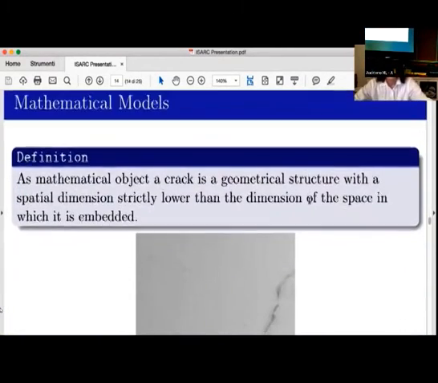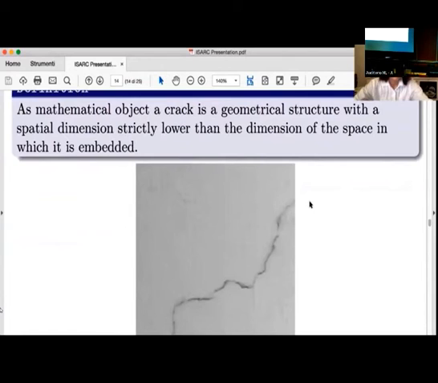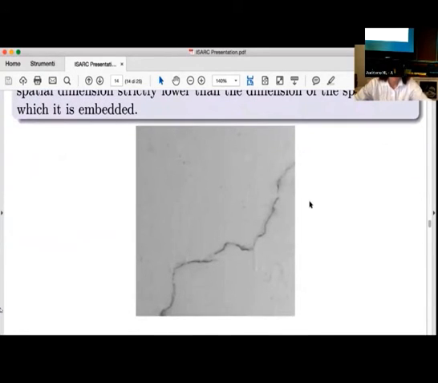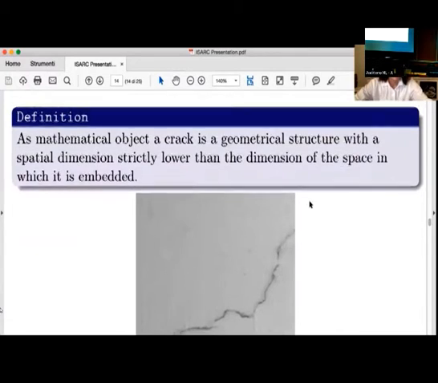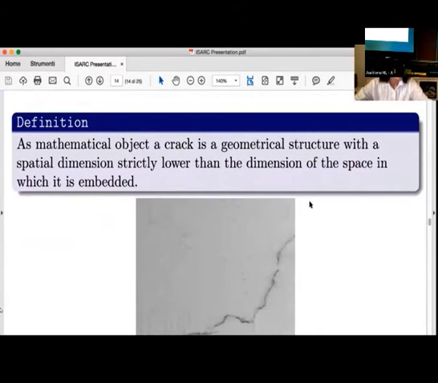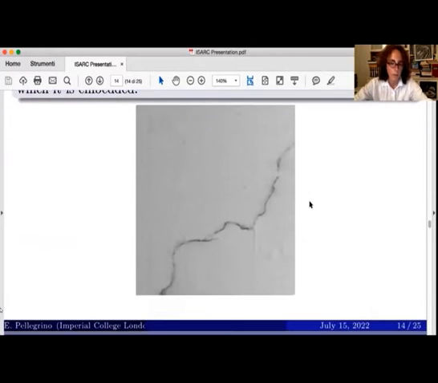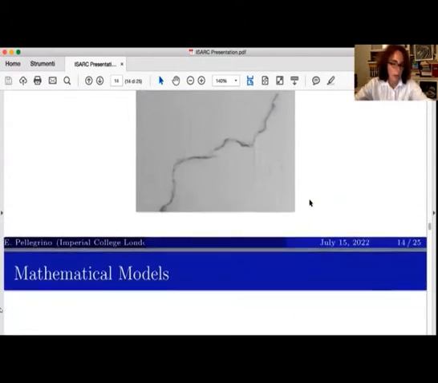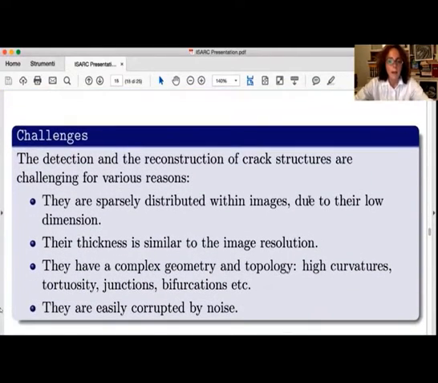For this reason, I decided to approach this problem from a model-driven view and using a mathematical model. The cracks can be modeled as a geometrical structure with the one dimension that is lower than the other, when the other structure, where the other dimension actually, and the challenge is related to this particular structure.